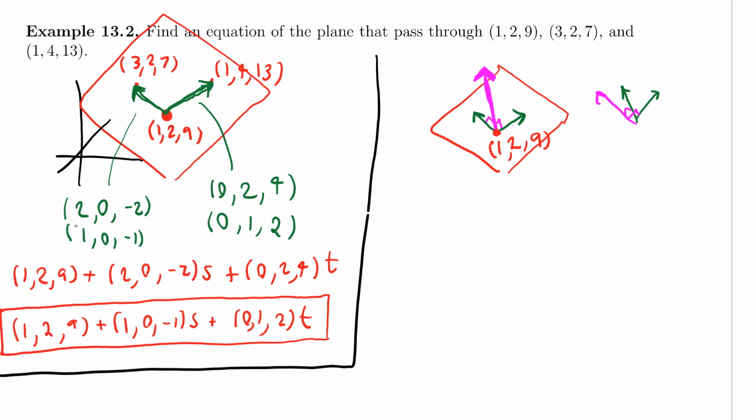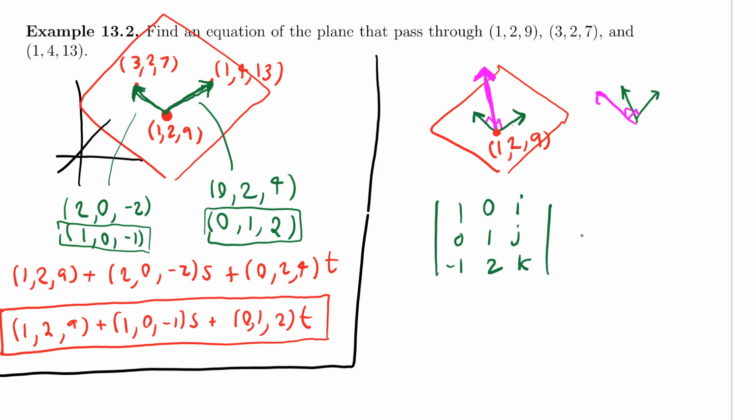Let me go with the reduced one, because this is going to make it a little easier to compute the cross product. So the cross product of these two is going to be 1, 0, -1, and then 0, 1, 2, and then i, j, k.